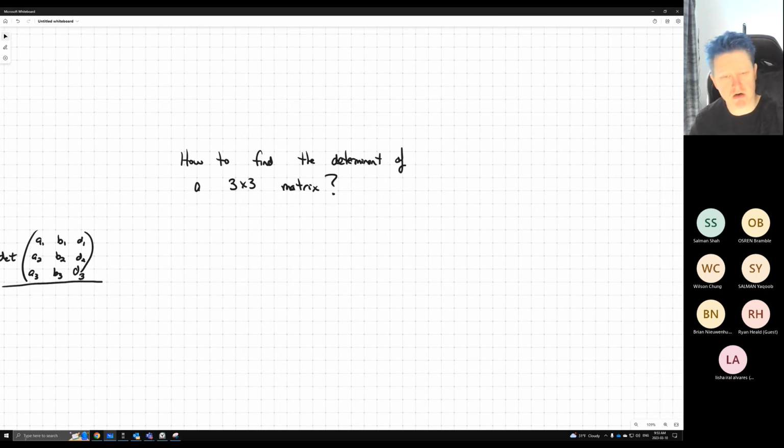Now, there are several methods for finding determinants of 3x3 matrices. And the only one that works for any n by n matrix, so 5 by 5 or 20 by 20 or 100 by 100, is called the Minors method.